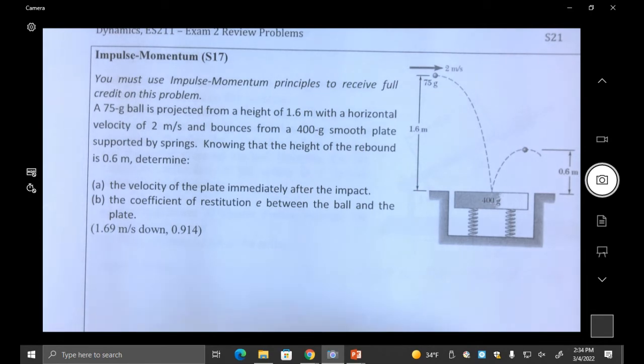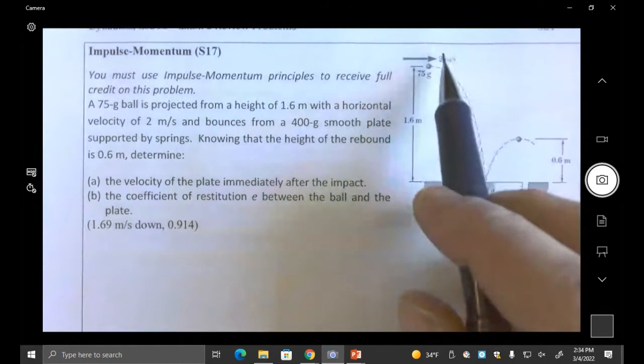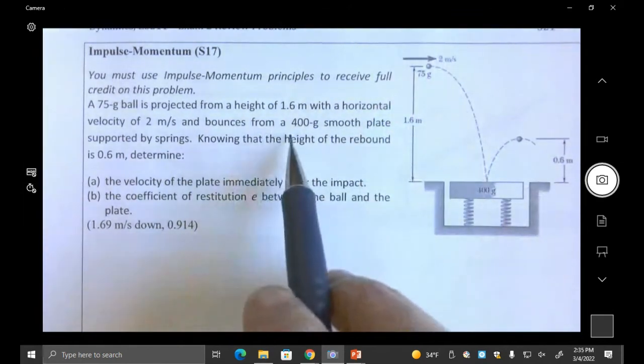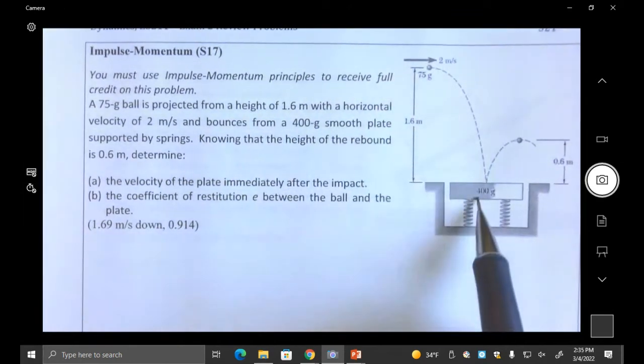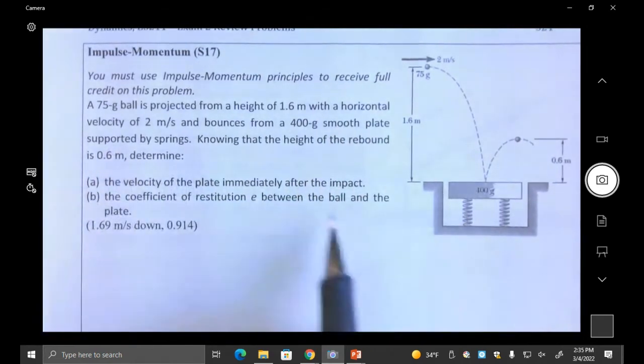All right, so you must use impulse momentum to receive full credit on this problem. The 75-gram ball is projected from a height of 1.6 meters with a horizontal velocity of 2 meters per second, and it bounces from a 400-gram smooth plate supported by springs.